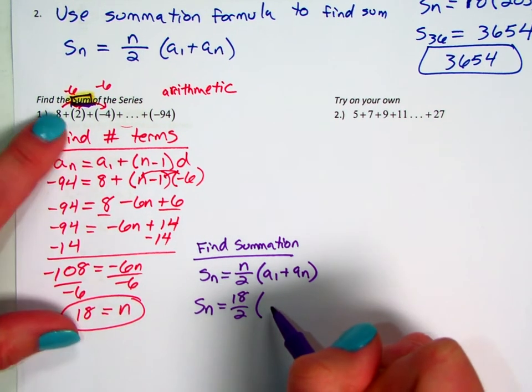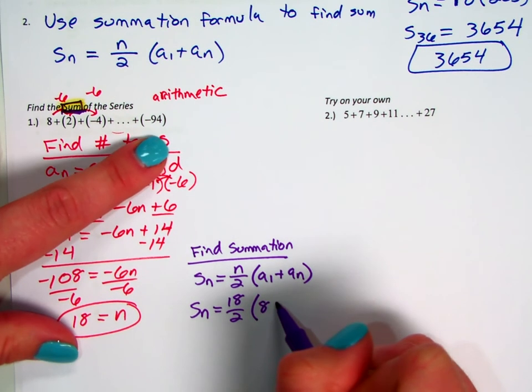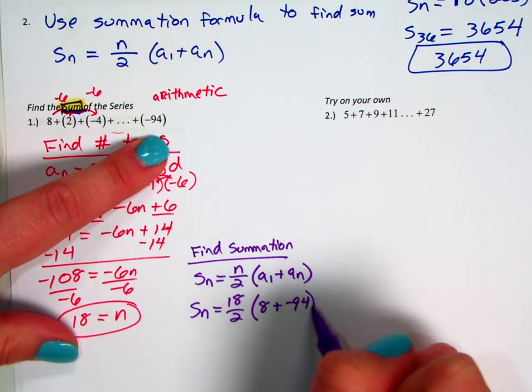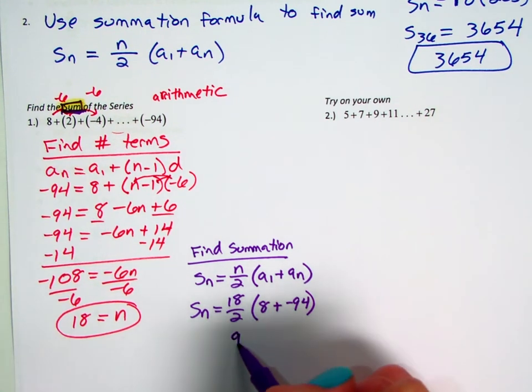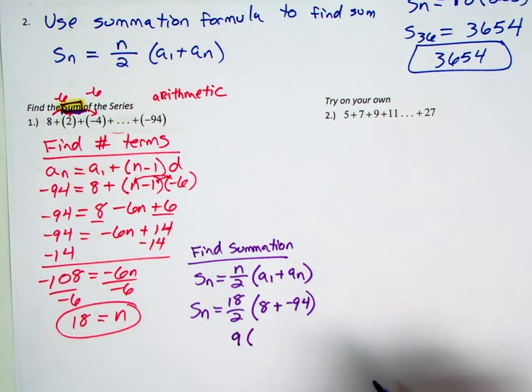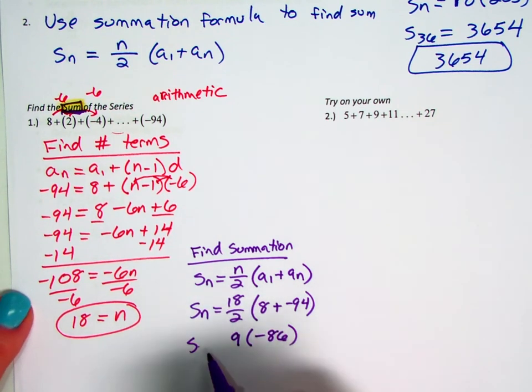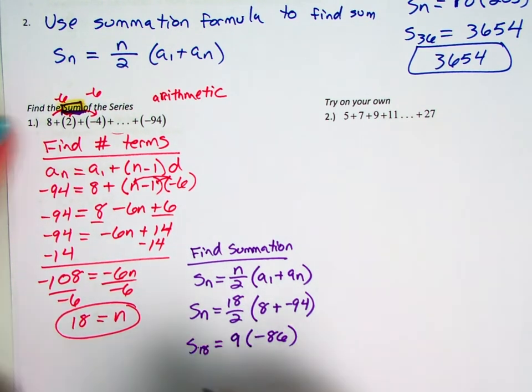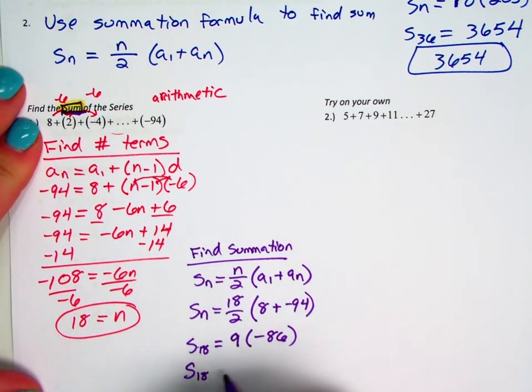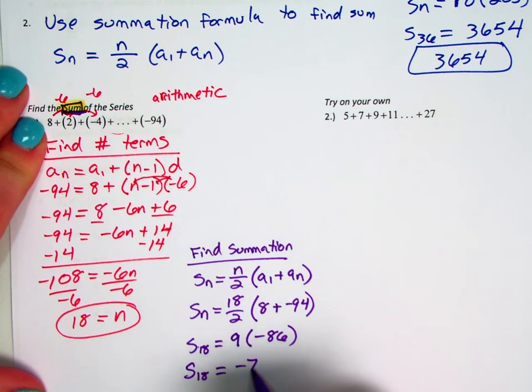The first term was 8. The last term was negative 94. So 18 divided by 2 is 9, and we're going to multiply that by negative 86. We knew n was 18, so this is for the 18 terms. So the summation of the first 18 terms is negative 774.